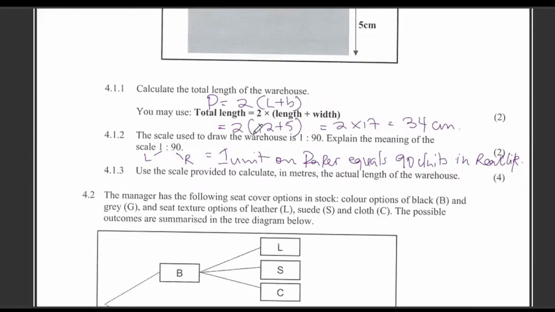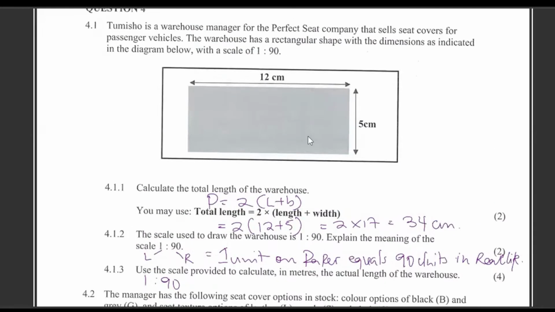4.1.3, use the scale provided to calculate in meters the actual length of the warehouse. So what are you going to do? Since the scale is 1:90, when it's on paper, it's 1. In real life, it's 90.